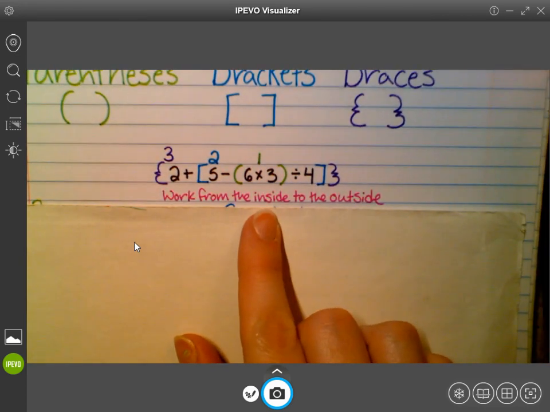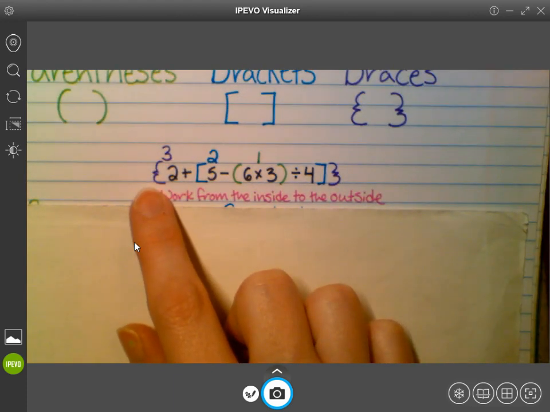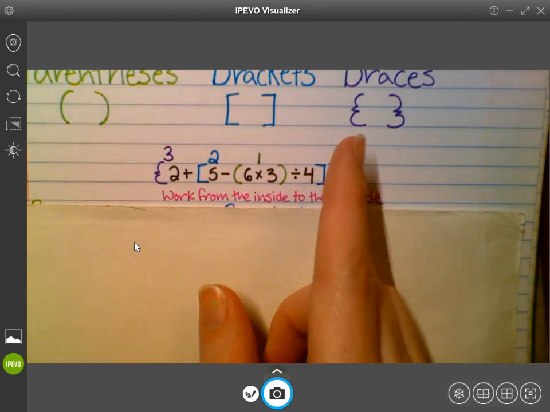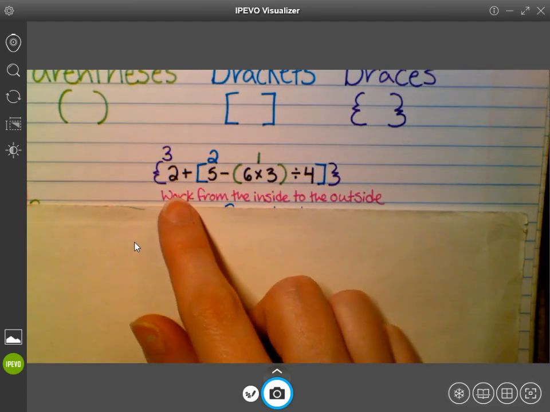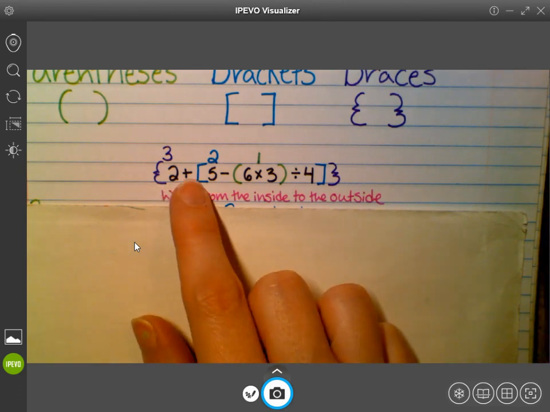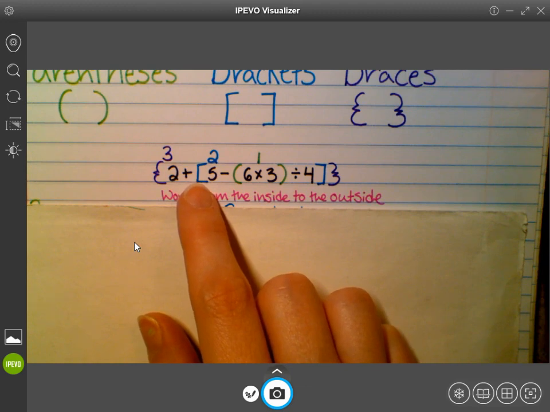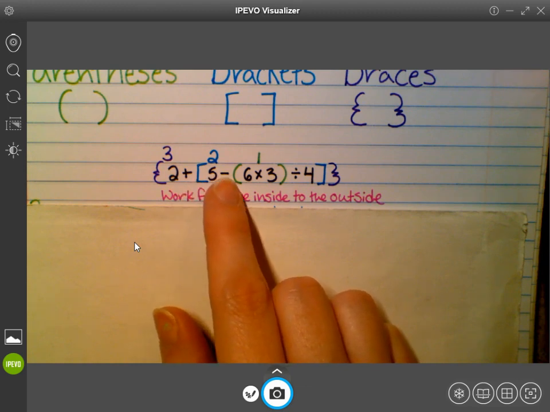So if we look at this example here, we have an opening bracket, and I color-coded them to match the ones that I have up top. So purple, opening brace. Then we have 2 plus. Then we have an opening bracket in blue. Then we have 5 minus.